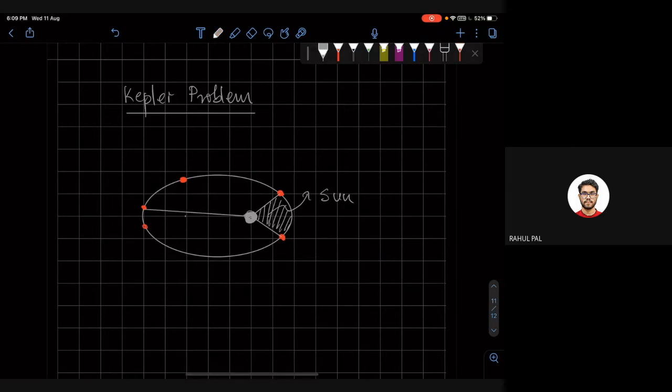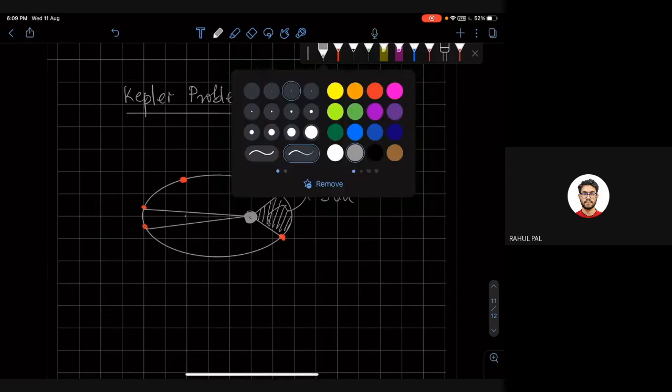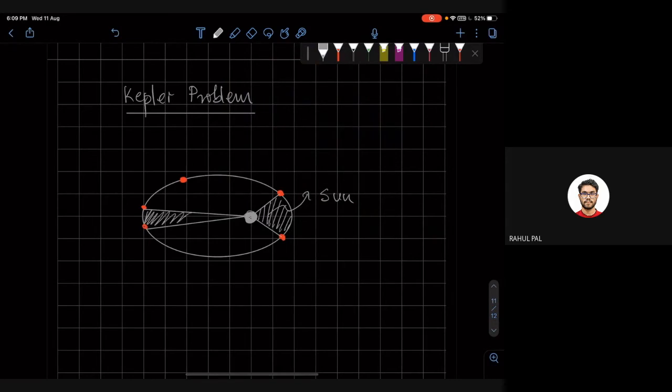So the areal velocity is constant. So these two areas are the same.